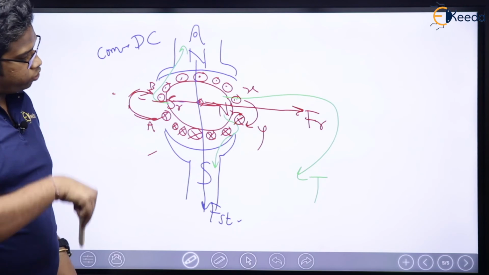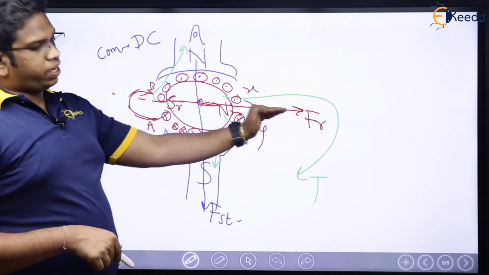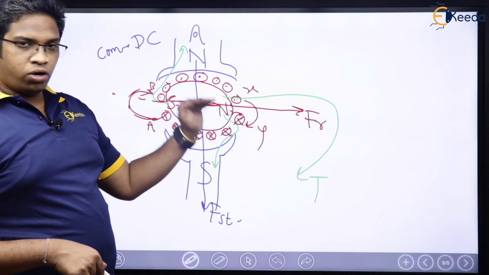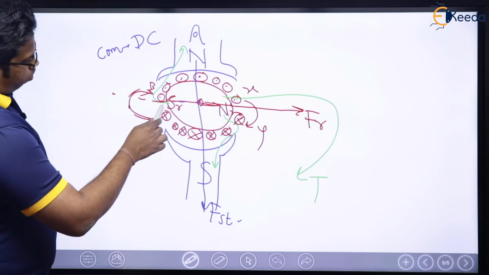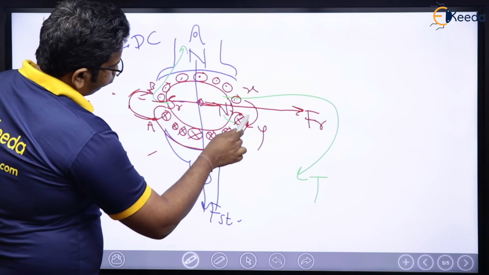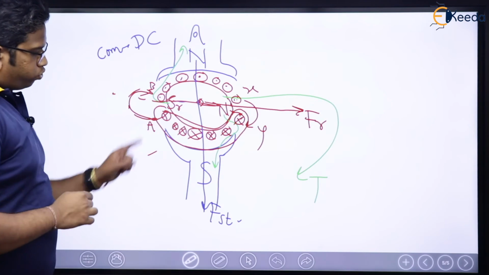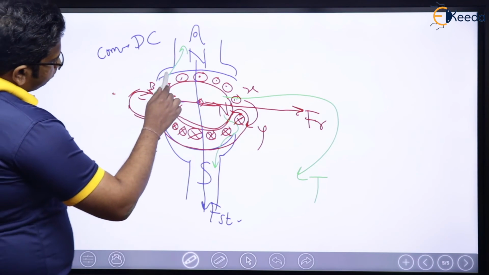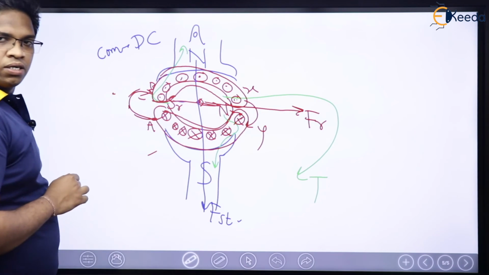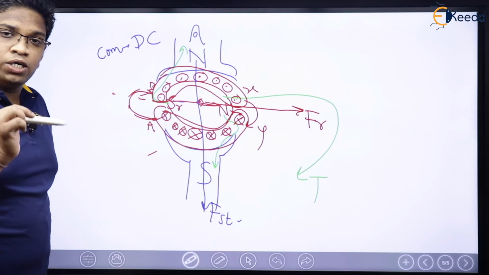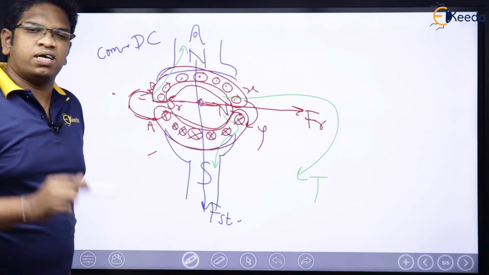Now, in order to have rotor MMF in the same direction of FR, all these lower conductors should have cross, and all these upper conductors should have dot, which means I need to design some arrangement.